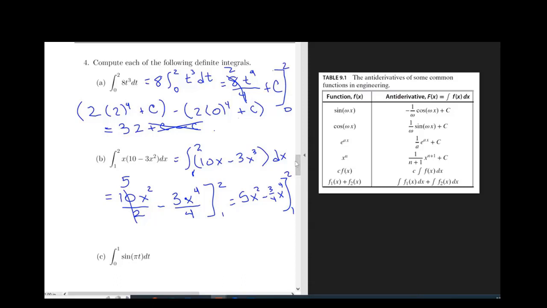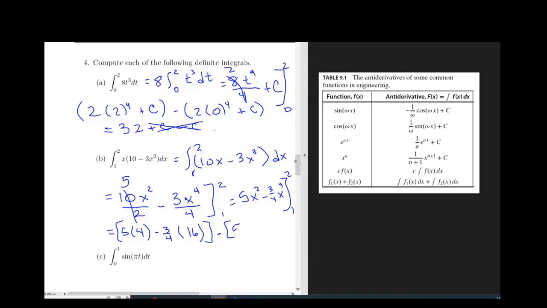And now we're going to plug in our numbers. We have 5 times 2 squared, minus 3/4 times 2 to the 4th power, which is 16. You don't really need those parentheses, but you do need the second set because I'm going to subtract off when I plug in 1.